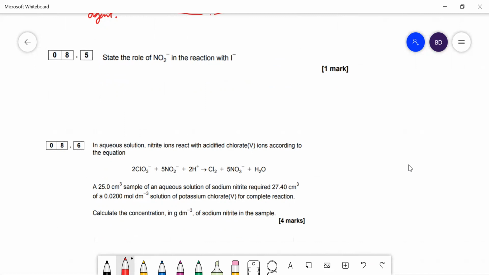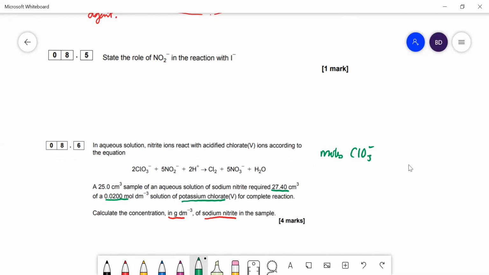Right, so we've got to calculate in grams per decimeter cubed the concentration of the sodium nitrite in the sample. Okay, so what have we got here? They give us the volume and the concentration of potassium chlorate. So we can work out the moles of potassium chlorate. So let's do that. Moles of the chlorate ion: 1 mole of potassium chlorate contains 1 mole of chlorate ions.